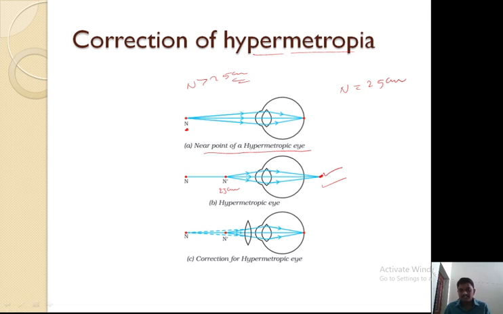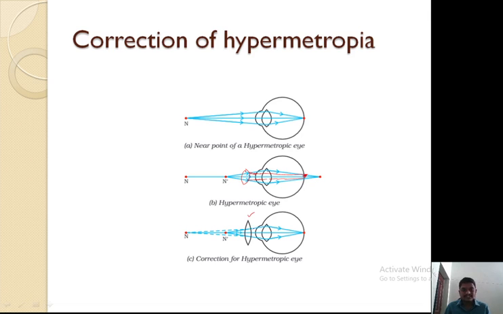So how can you correct this defect? By using a biconvex lens. When you place a convex lens, what happens to the light rays? Since the convex lens is converging, it converges the light rays. All these light rays, after passing through this lens, will come to focus at this point.